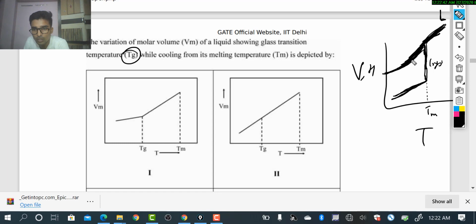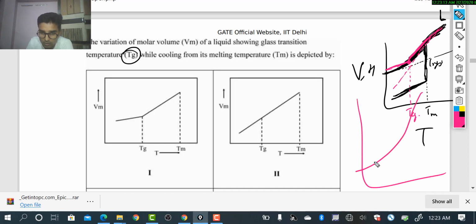You can draw a tangent to both portions, and these tangents decide Tg. Virtually it changes at this point, but actually it goes gradually. So we draw one tangent here and another tangent here, and the intersecting point gives the Tg. So this is the typical graph.